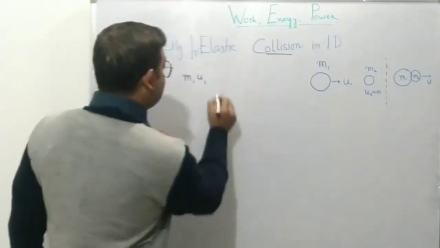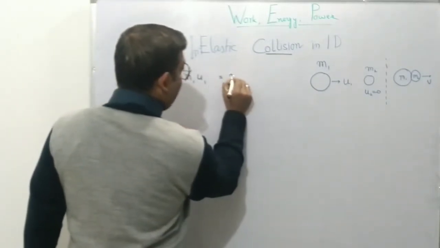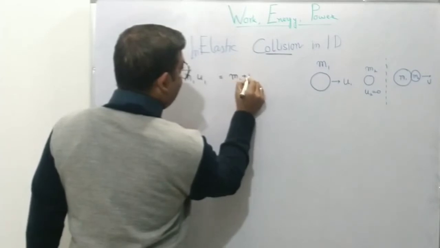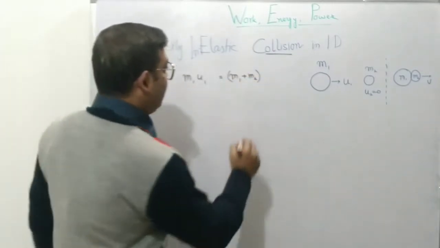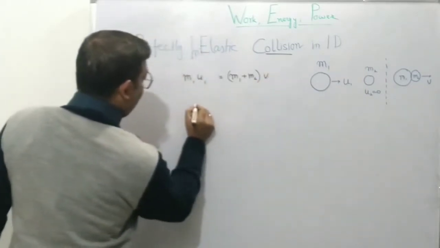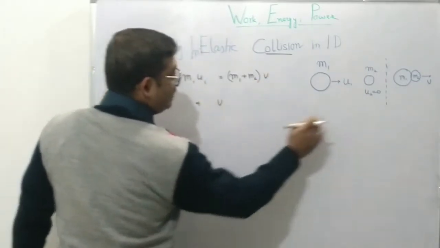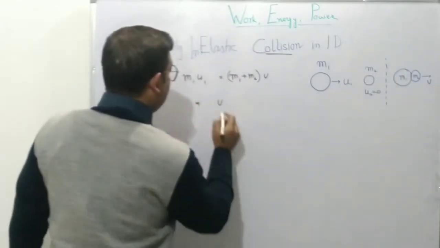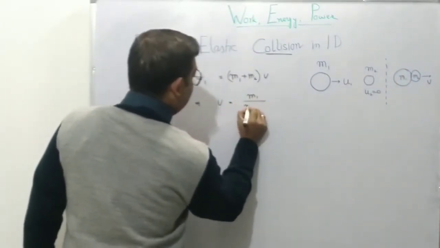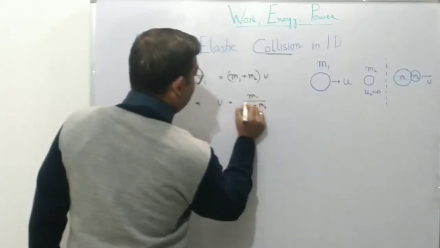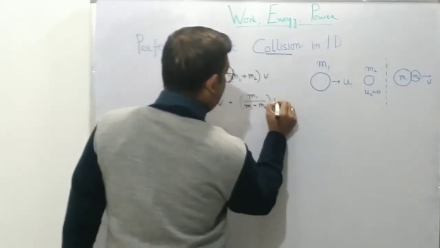After the collision, the two bodies coalesce and form a single mass of m1 plus m2, and the whole mass moves with a velocity v. This gives us the velocity with which the two masses move together: v is equal to m1 by m1 plus m2, whole thing multiplied by u1.